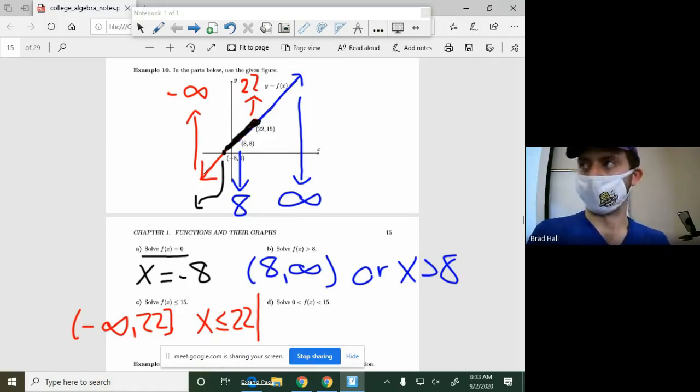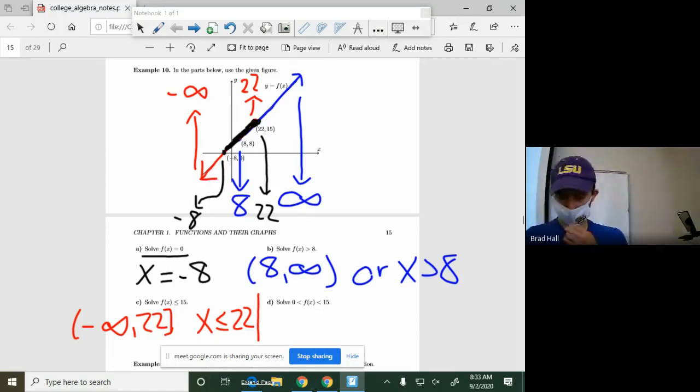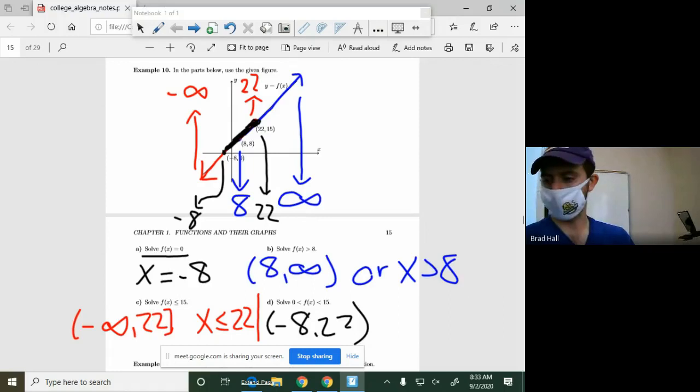The lowest or leftmost x value is -8. The rightmost x value is 22. And so we can characterize it as -8 to 22, where we use parentheses for both of them because there's no equal to part.